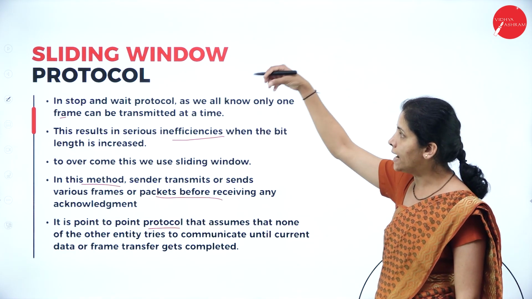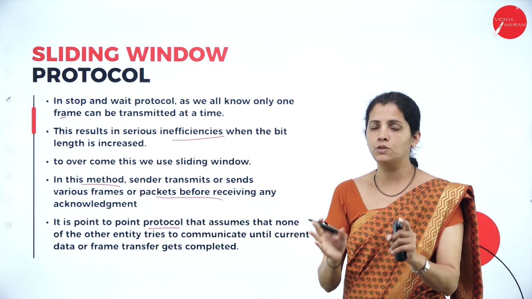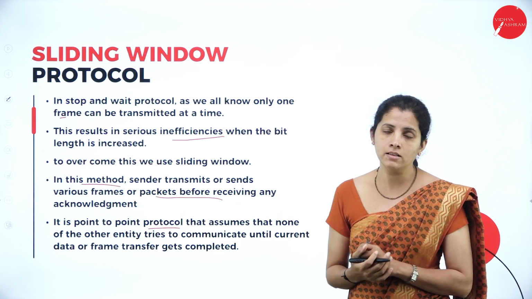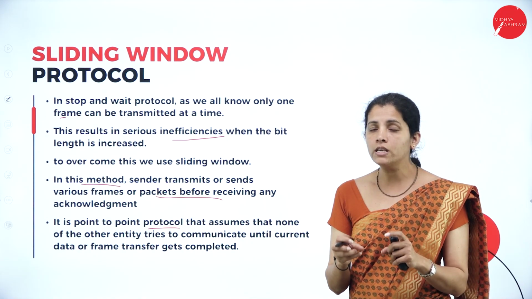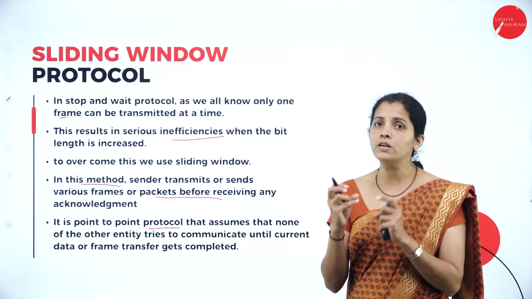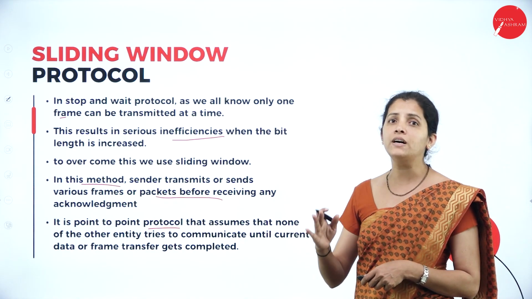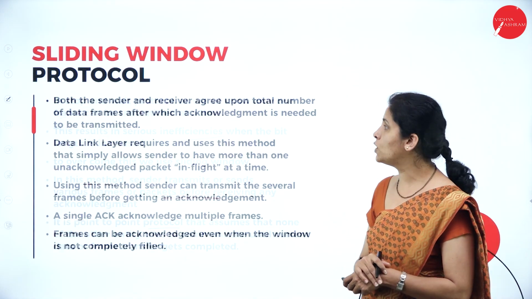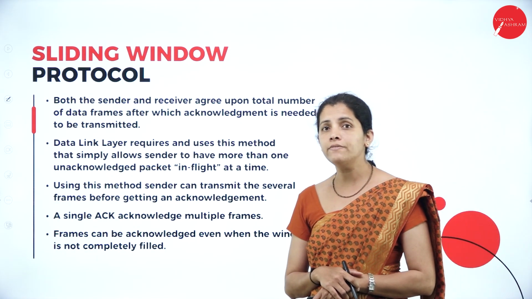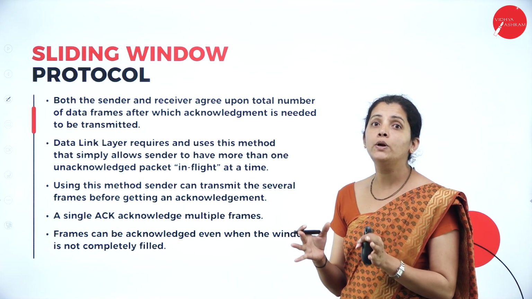So in the sliding window protocol, we assume that we have only two parties, one sender and one receiver, and no third party, because here we are going to send a bulk amount of frames without receiving any acknowledgement. We send the frames first, then we receive the acknowledgement. Both the sender and receiver must agree on their window size.